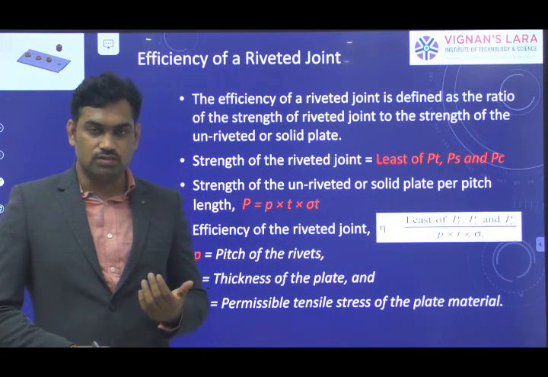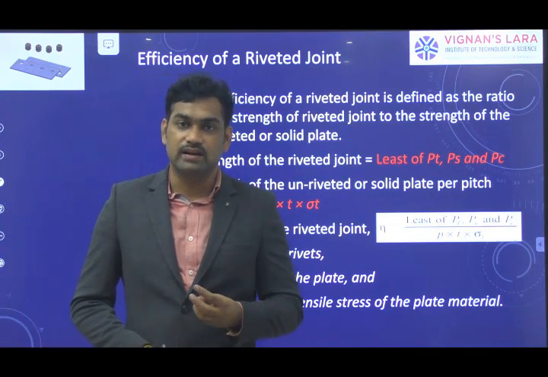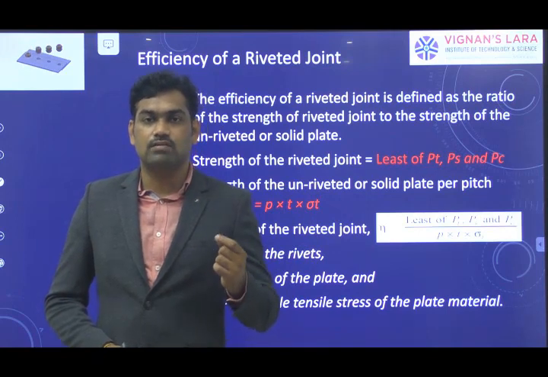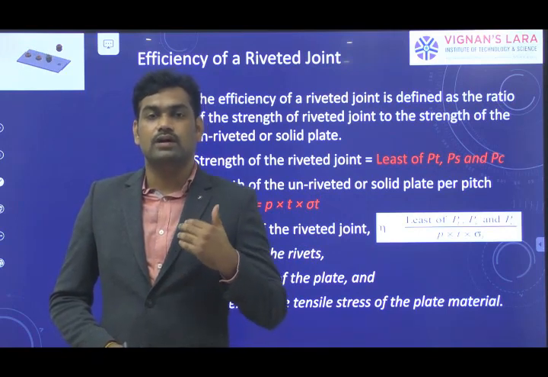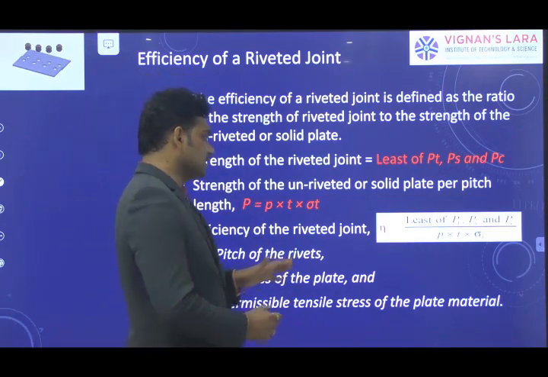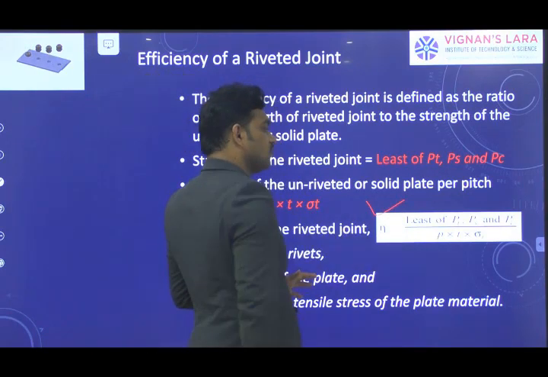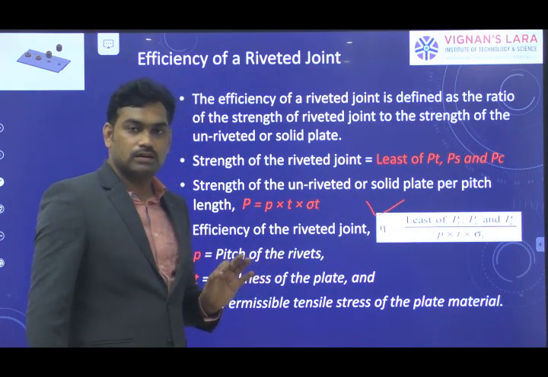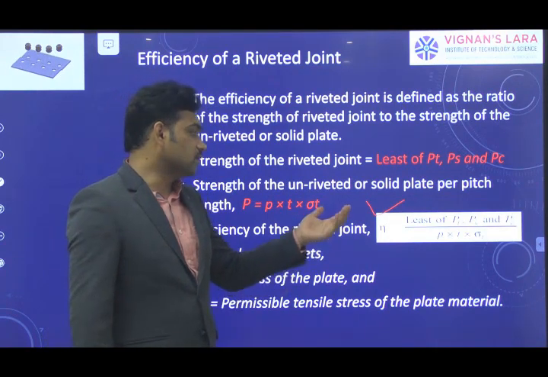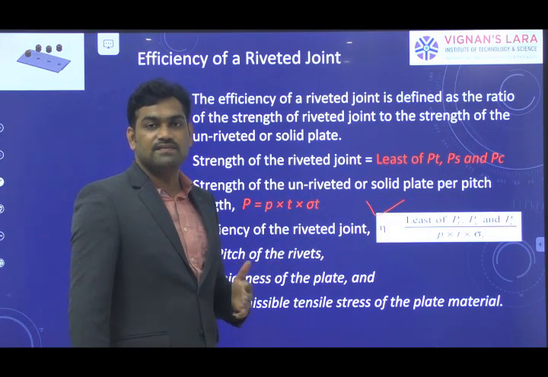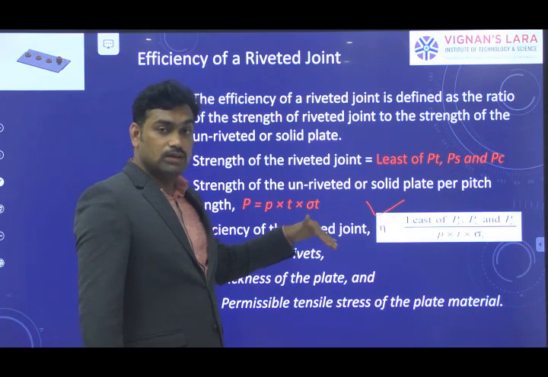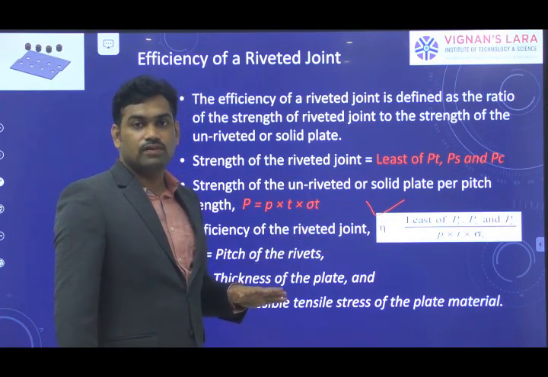We calculated the three strengths earlier: the shear strength, tensile strength, and crushing strength. After finding all three strengths, we need to take the least value out of them. So the efficiency is the least of tensile, shear, and crushing, to the tensile strength of the plate.